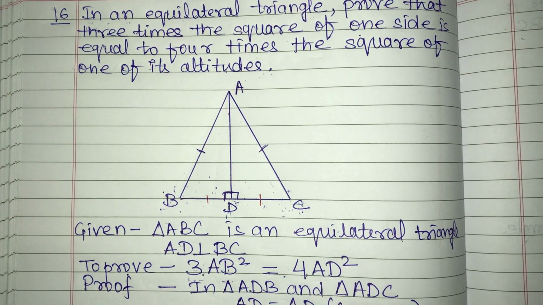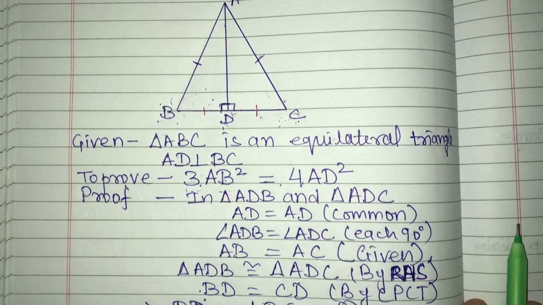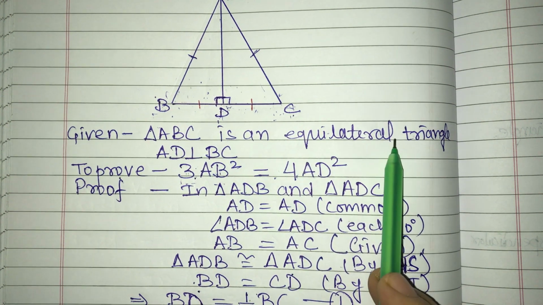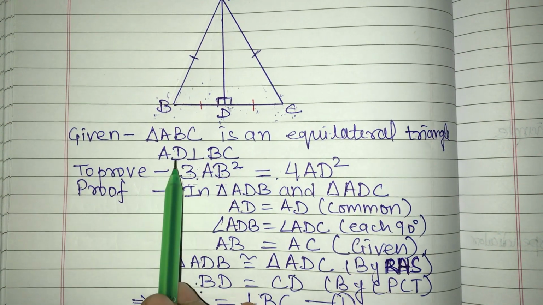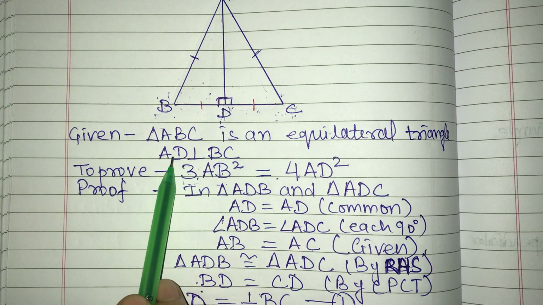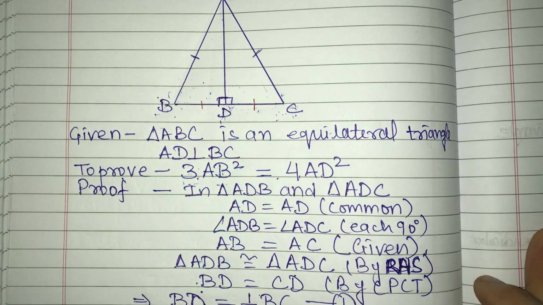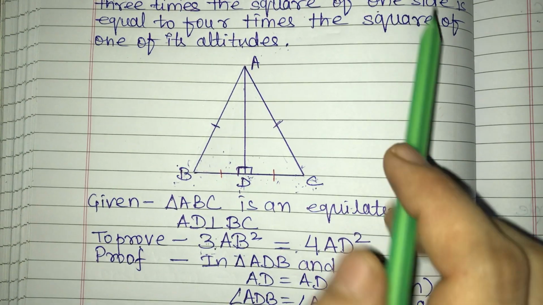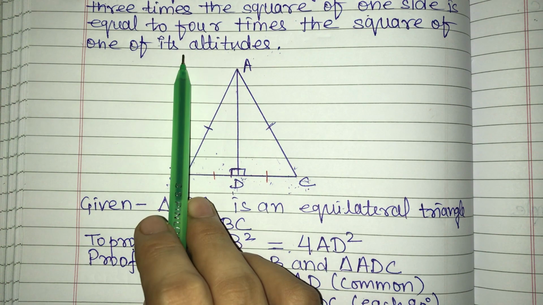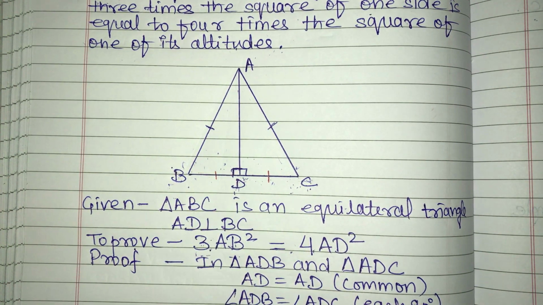First of all, let me write what is already given in the question. We are given a triangle ABC, which is an equilateral triangle, and I am taking one of its altitudes AD, which is perpendicular to BC. Why? Because I am going to prove that 3 times the square of one of its sides is equal to 4 times the square of this altitude AD.